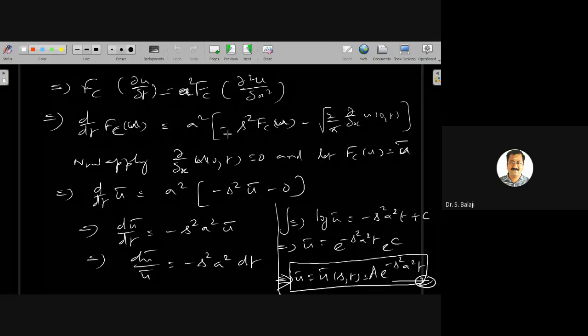You know already the result: minus s square Fc of u, minus root of 2 by pi, dou by dou x of u of 0 comma t.